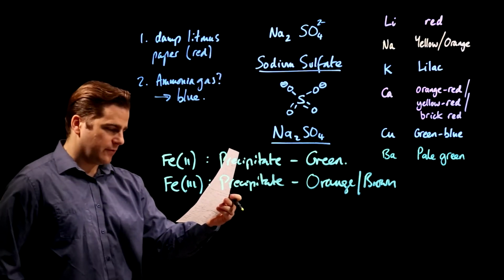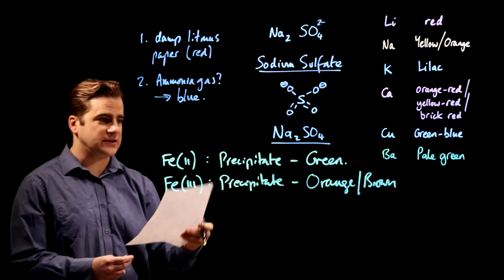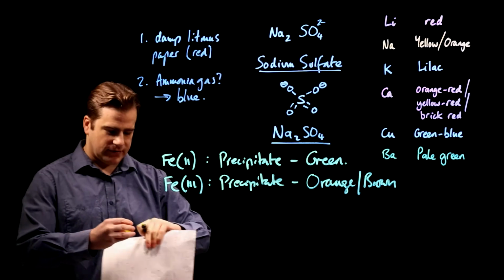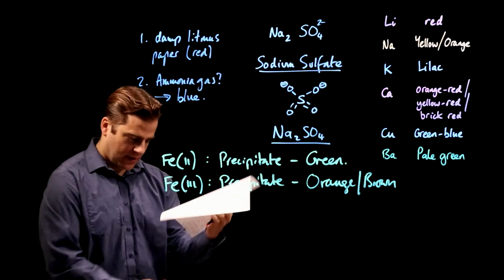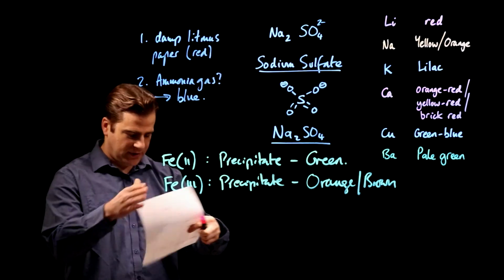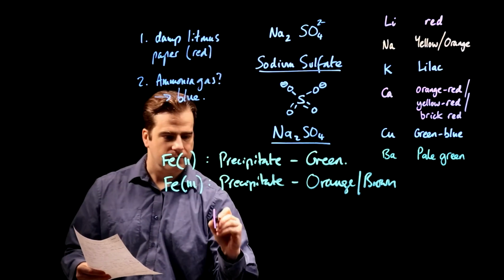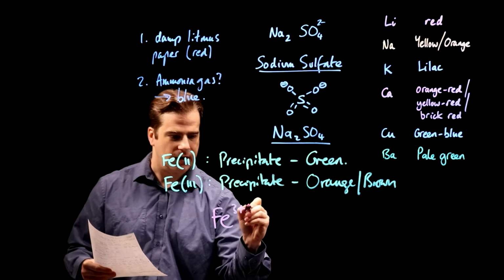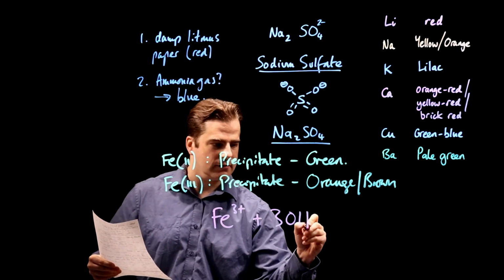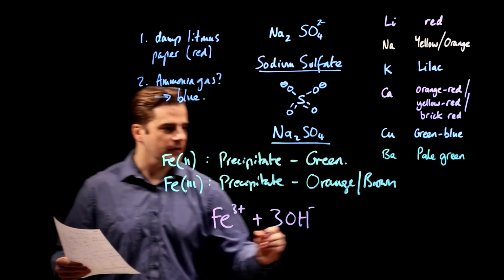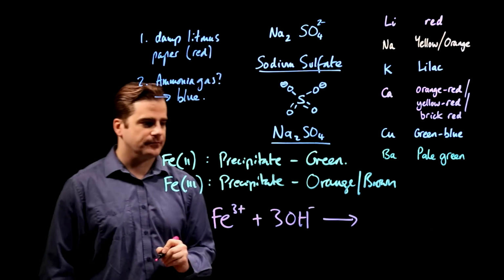Okay, finally, complete the ionic equation. Let's have a change of colour. So we've got Fe, iron 3 plus, okay, plus 3 hydroxides. What's that going to make?